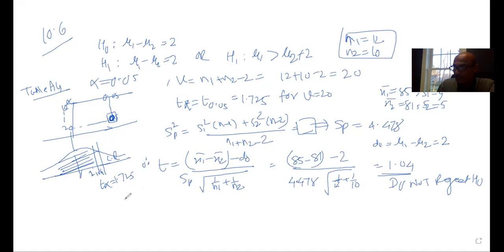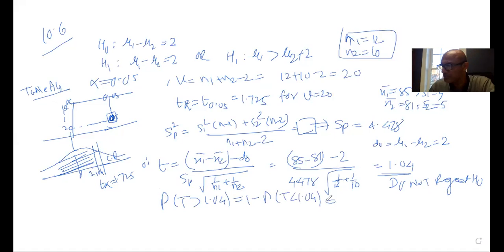Or if you want to go for probability, then probability of T greater than what? What is the probability? This T alpha, right? So 1.04. And that is equal to 1 minus probability of T less than 1.04. And if you compute this probability, you will get 0.16, right? As I told you in the last example, your minimum probability is 0, maximum probability is 1.